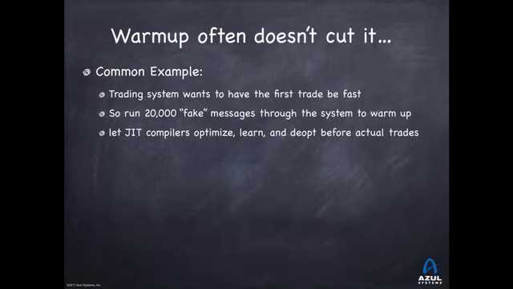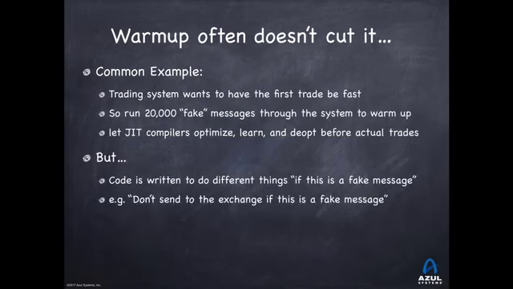They'll say, let's take 20,000 fake messages, run that through the system, and get it to process those messages, and it'll warm up. So it'll understand what code is being used to process those messages, and then the JIT compiler will take that code and optimize it. Great. And then when the system runs, we'll see it running as fast as it can at market open.